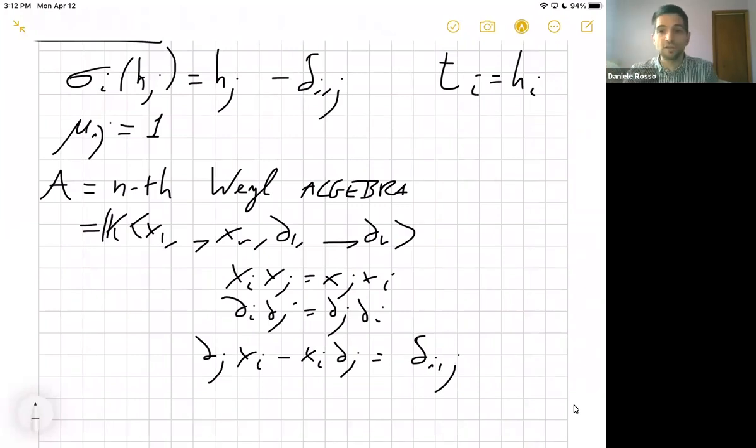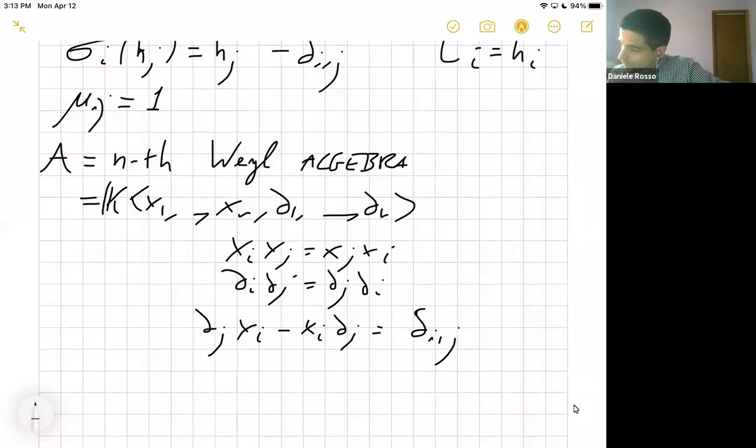So this is just the nth Weyl algebra of polynomial differential operators on nth affine space. This is the standard example.